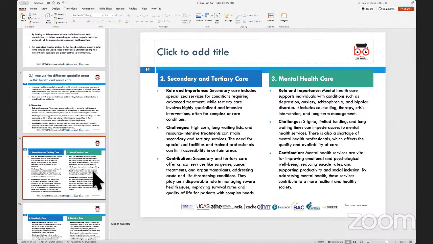Now, secondary care, I've explained earlier, would be essentially related to when you go into hospitals and you need some sort of specialist care, which could be related to you undergoing further tests.